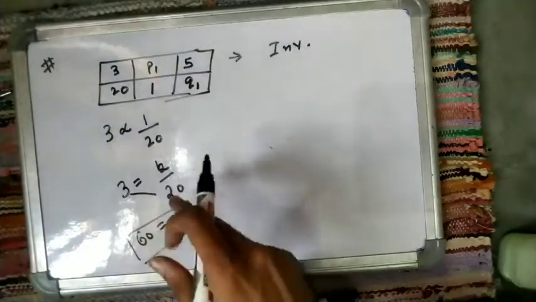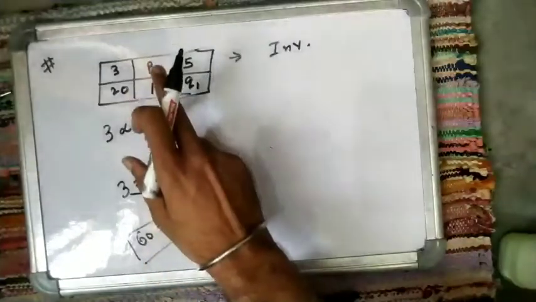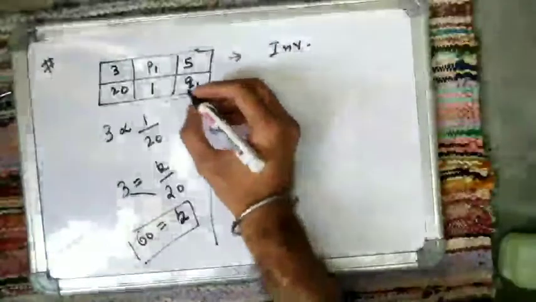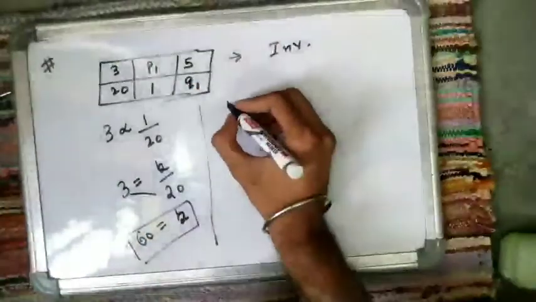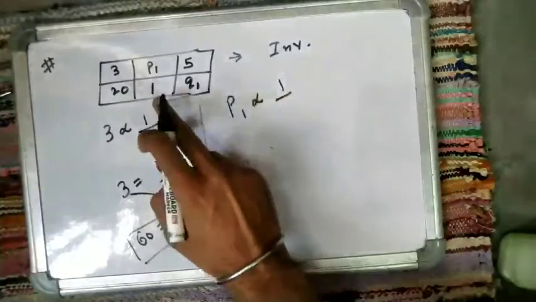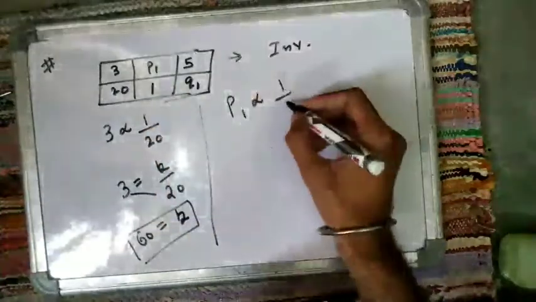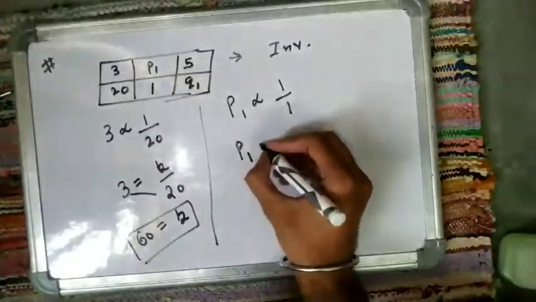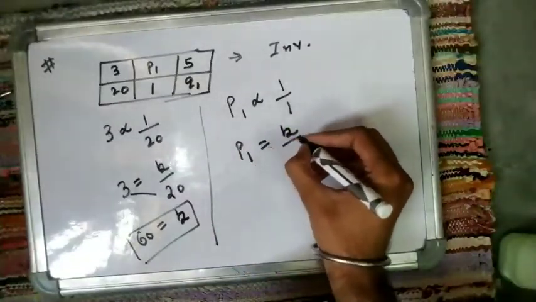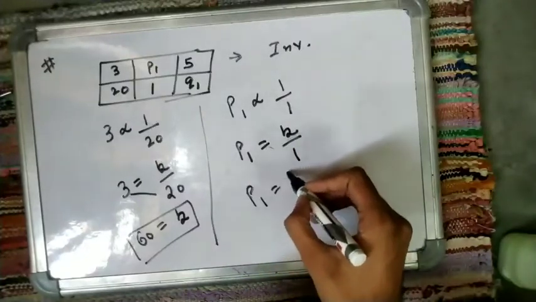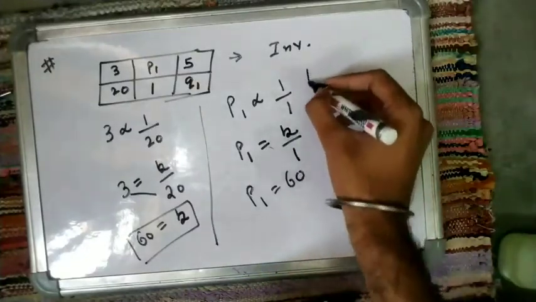Now we will use the K, 60, in this one and in this one both. We need P1. P1 is inversely proportional to 1 by, here we have one number, so we will write 1 again. So P1 is equal to K times 1. K is 60, so P1 is 60.